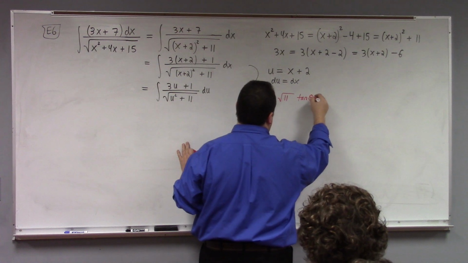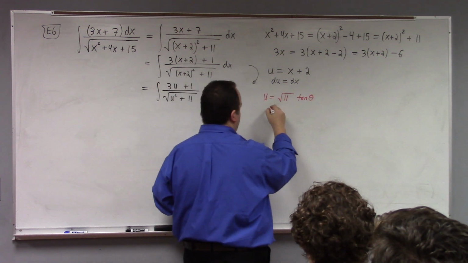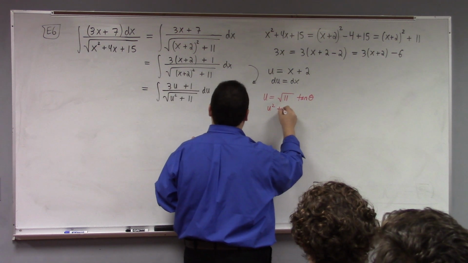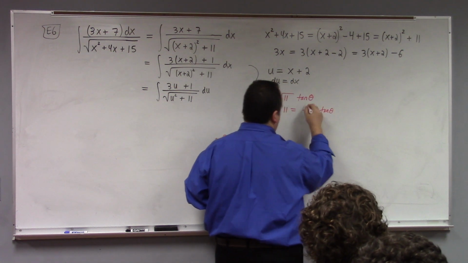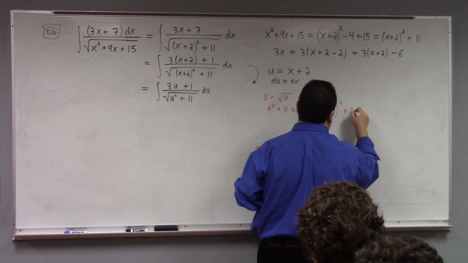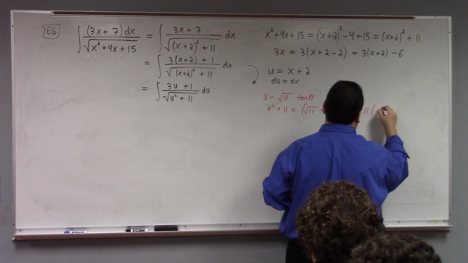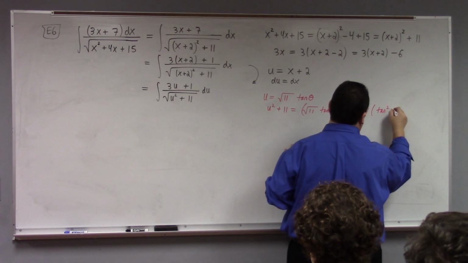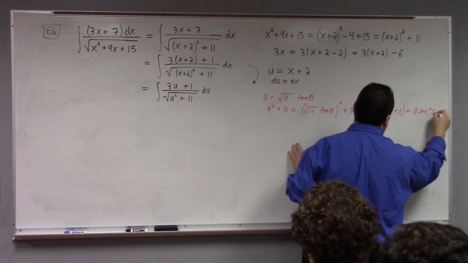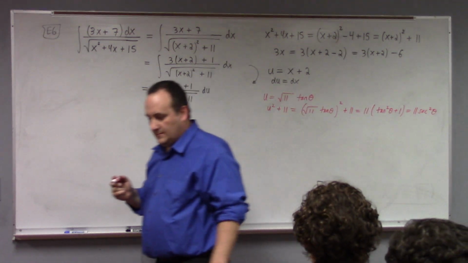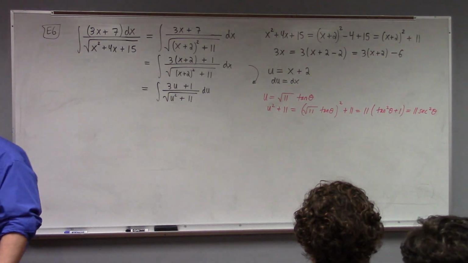I think that's going to do it for us. Let's try it. That makes u squared plus 11 equal to the square root of 11 tangent theta quantity squared plus 11, also known as 11 times tangent squared theta plus 1, also known as 11 secant squared theta. That's nice.